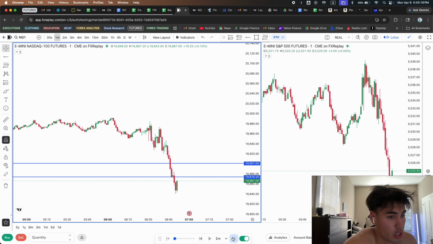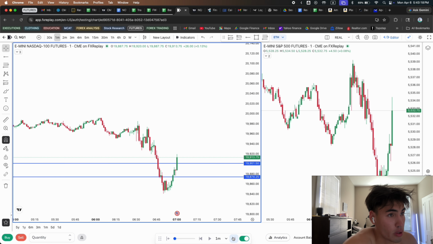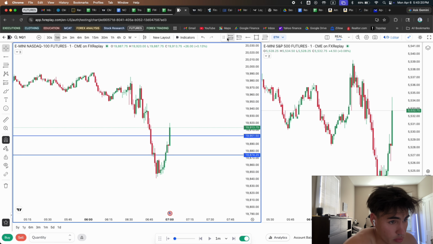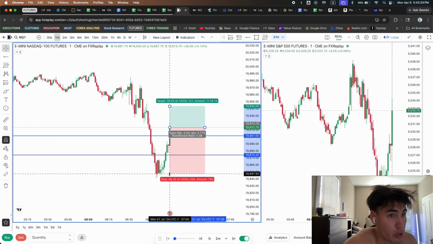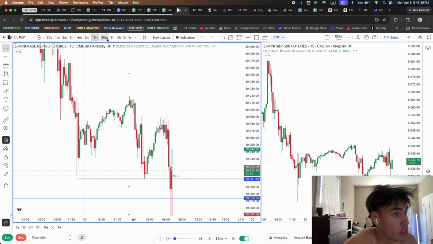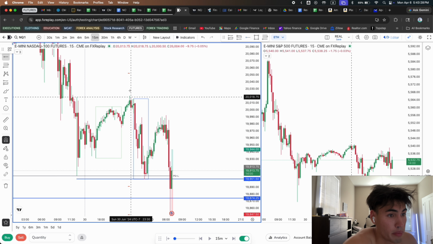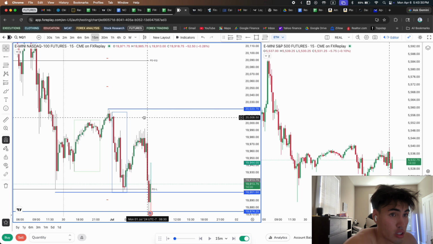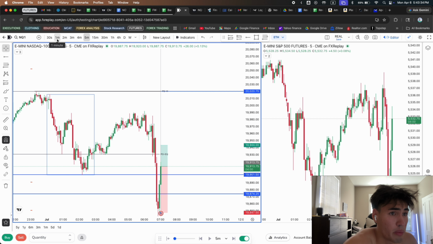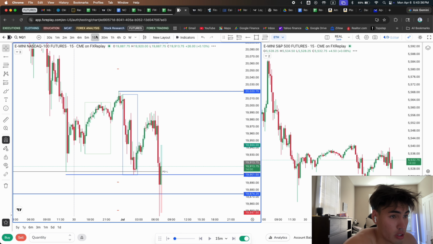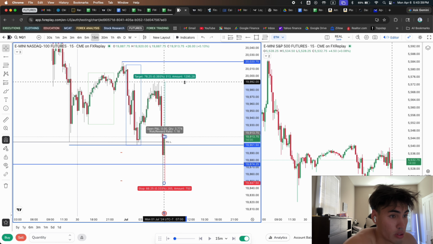Okay, now we look for a nice V-shaped recovery. Perfect. Take this trade over here. And we'll go ahead and target these highs up here. Very nice liquidity points. Let's see. We're gonna go break even at this 15-minute though, so we'll probably go break even relatively quickly.